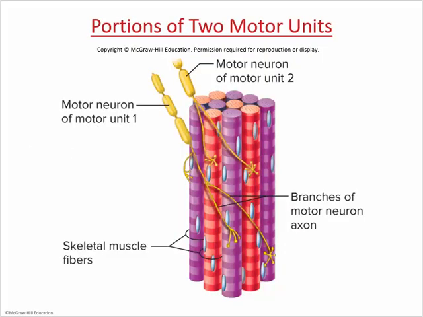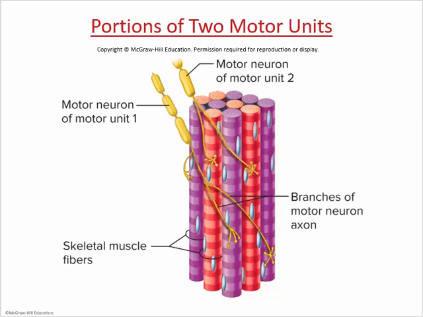Okay, so this is a little diagram with two motor neurons. The one doing the purple fibers and the other one doing the reddish pink fibers.